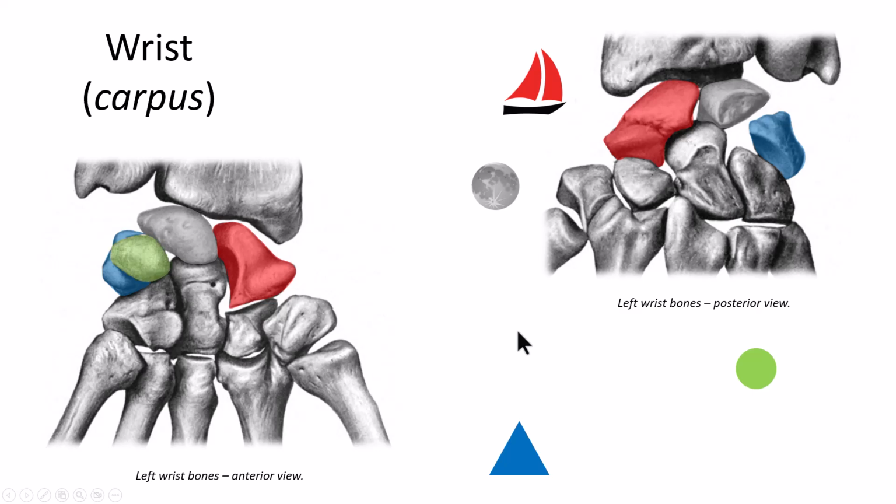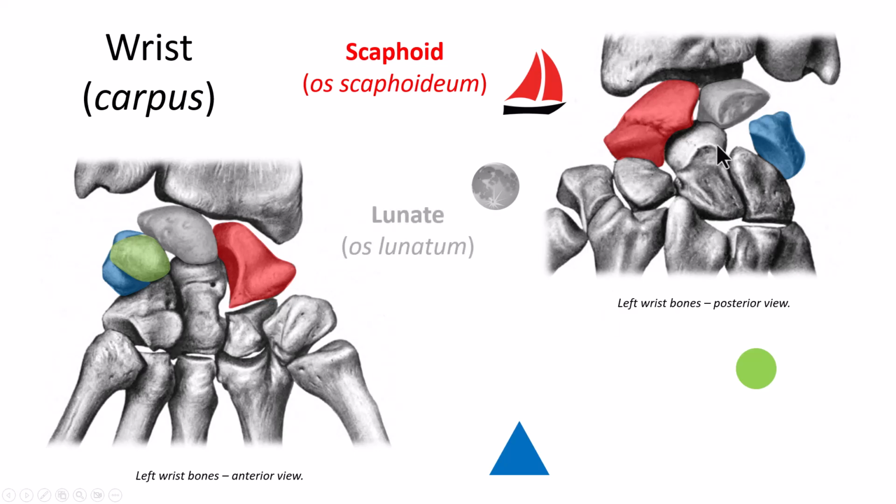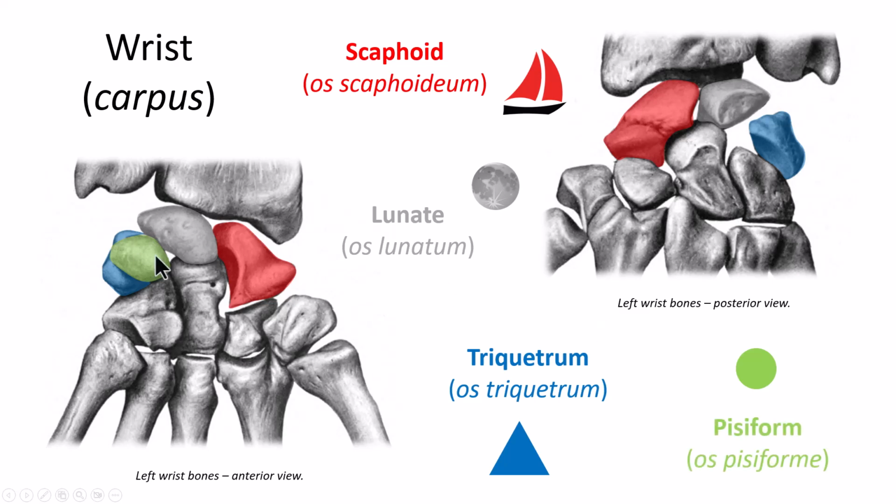Starting from the lateral side, we have scaphoid bone, os scaphoideum, lunate bone, os lunatum, triquetral bone, os triquetrum, and pisiform bone, os pisiforme.